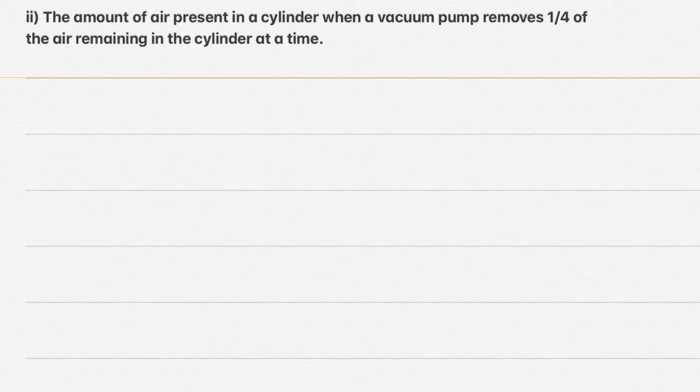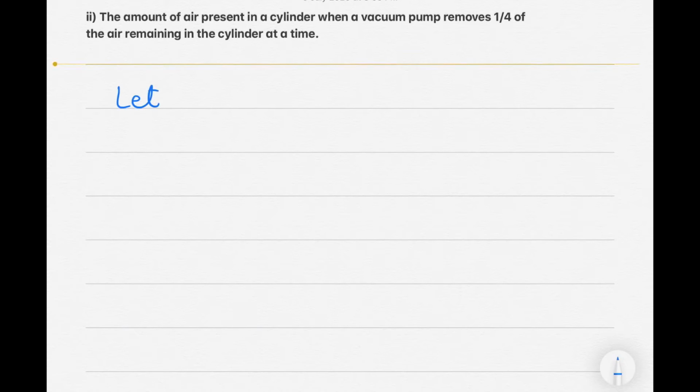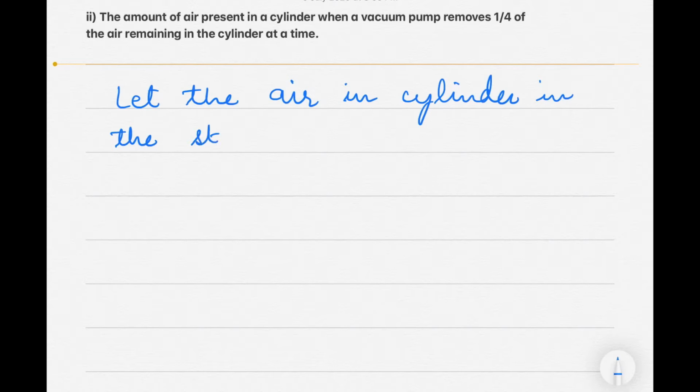Now let the air in the cylinder in the starting be V liters.